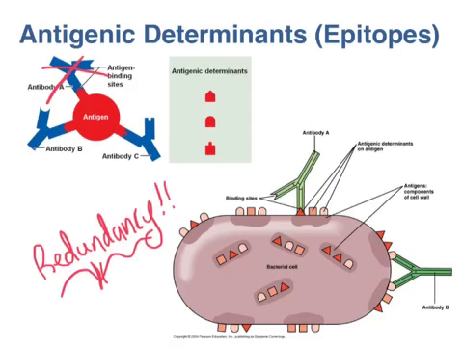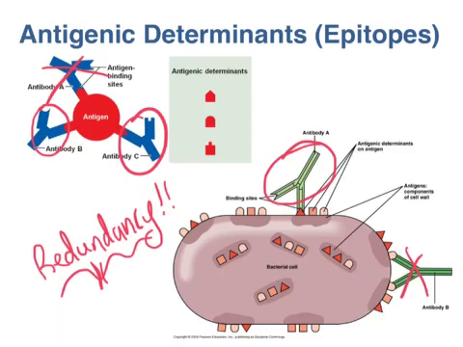You're still protected against this antigen because your body does make antibody B and antibody C. Or maybe over here, your body can't make antibody B. It's just not in your DNA. You can't do it. But you're okay. You still got antibody A, and you can still attack that little square epitope as well. Redundancy. It's like having both airbags and seatbelts in your car. A backup system.